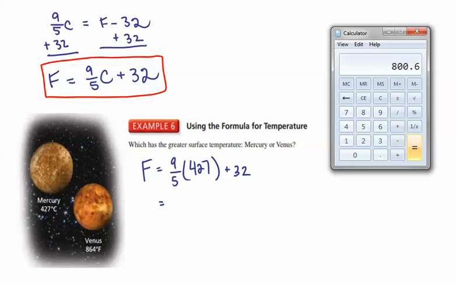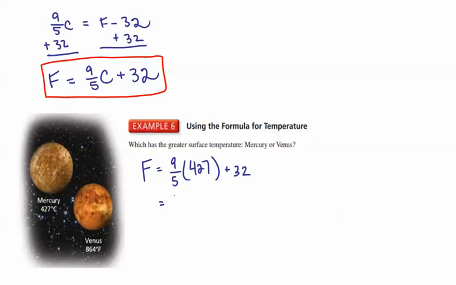800.6 degrees. So remember, this is the Fahrenheit temperature for Mercury.